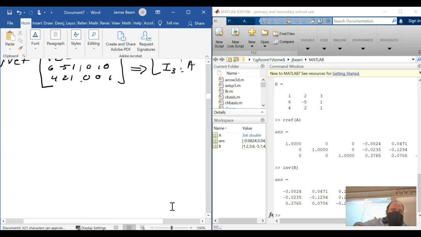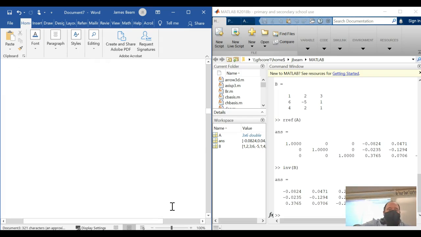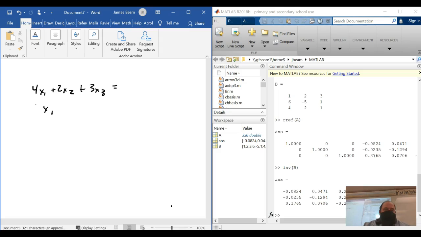So this is something to think about. Like if I had the system of equations, let's say 4x1 plus 2x2 plus 3x3 equals, x1 minus 2x2 plus 5x3 equals, and then let's make this 7x1 minus 8x2 plus 4x3. And I'm going to make my answer 1, negative 1, 2.